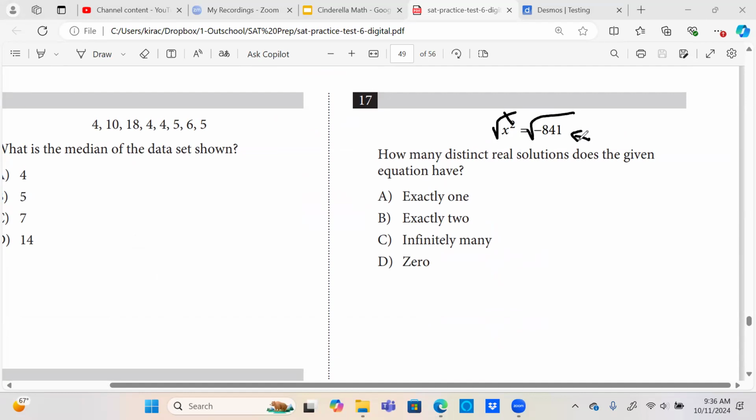Because this is negative, you can do it, but you would get imaginary solutions. You'd get two imaginary solutions. But the question is, how many real? None. We'll have two imaginary, but no real.